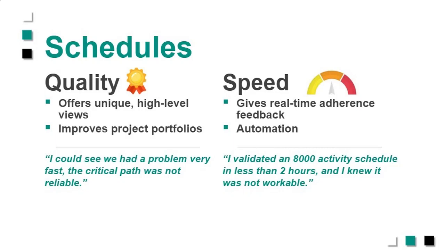So I was able to review the schedule he received from the contractor in less than 2 hours using P6-QA, and it was over 8,000 activities. So I was able to give him an idea right away that there were a lot of open ends, that the critical path didn't make sense, enough to be able to continue the conversation and give the feedback to the contractor to get it updated. So this is the type of benefit for this kind of tool.